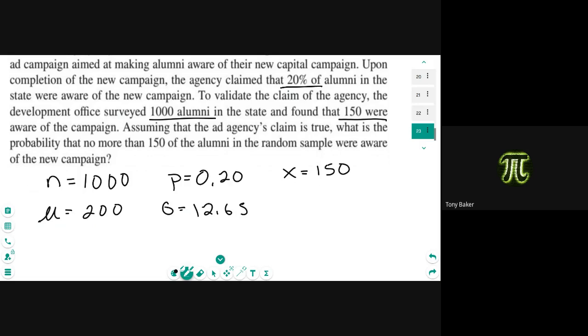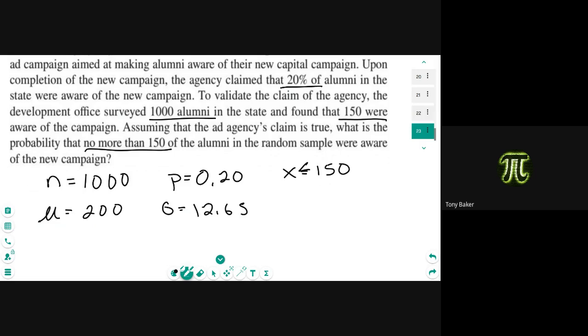All right, and we want no more than 150, right? Assuming the agency's claim is true, what is the probability that no more than 150 of the alumni in the random sample were aware of the new campaign? So that means we want less than or equal to 150.